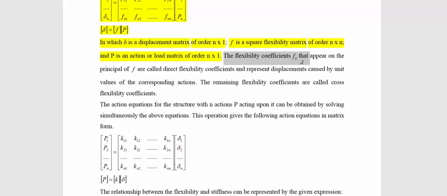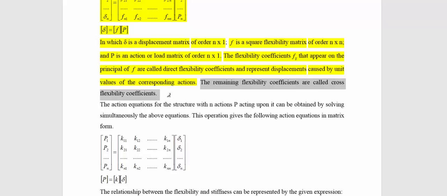The flexibility coefficients Fii that appear on the diagonal of F are called direct flexibility coefficients and represent displacements caused by unit values of the corresponding actions. The remaining flexibility coefficients are called cross flexibility coefficients.